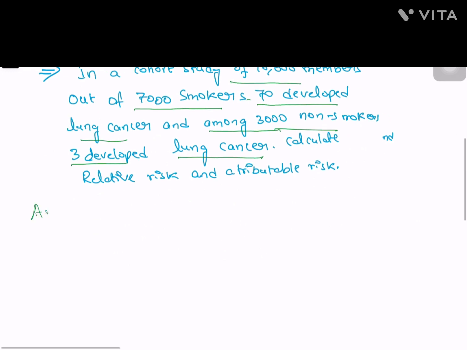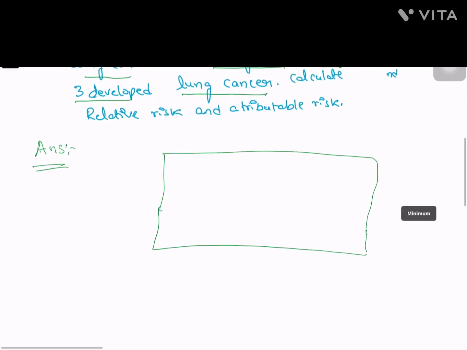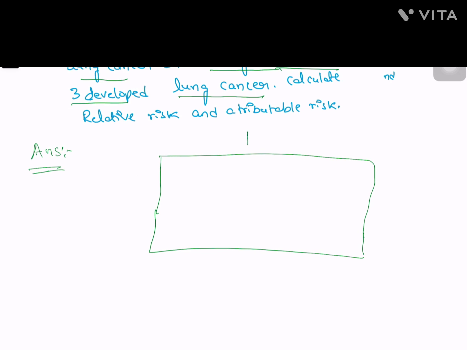To make it simple, we have to draw our 2 by 2 table. If you watch my previous video, I told you what should be on the top of the table. Disease should always be on top of the table, and the risk factor on the horizontal row. So the risk factor is smoking.